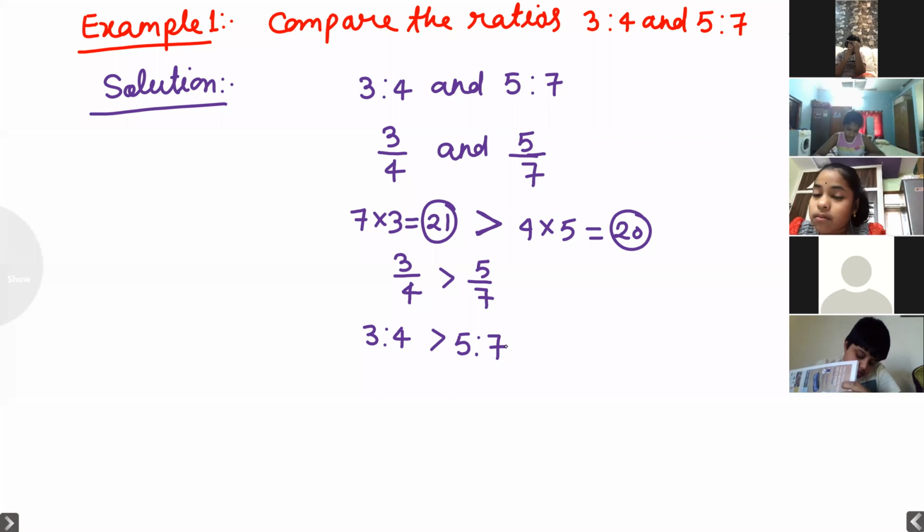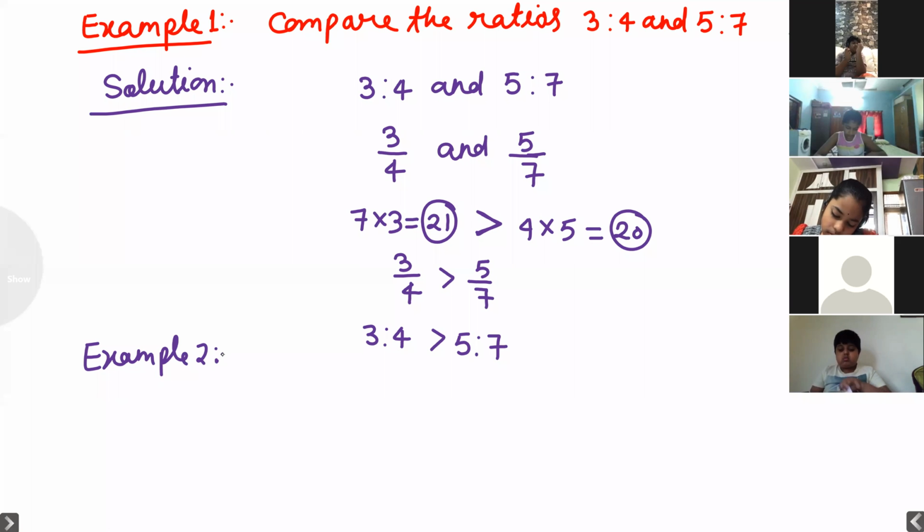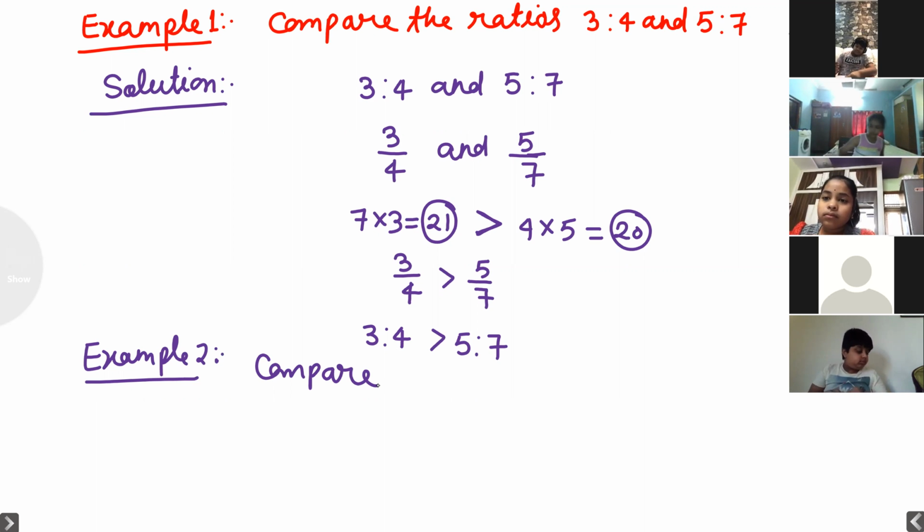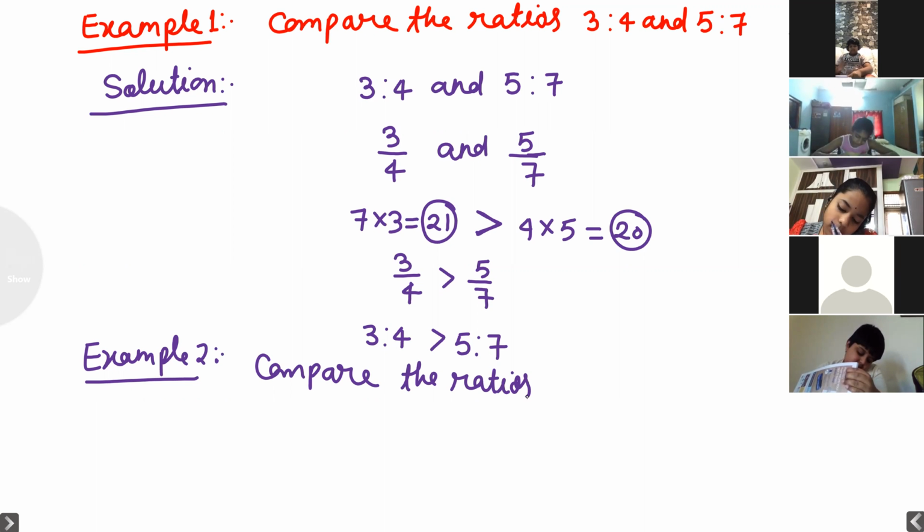Example 2, compare the ratios 5 is to 4 and 8 is to 7.